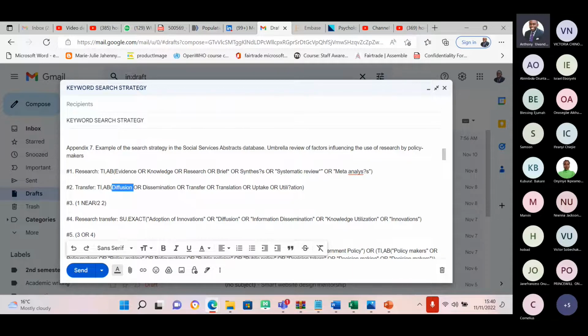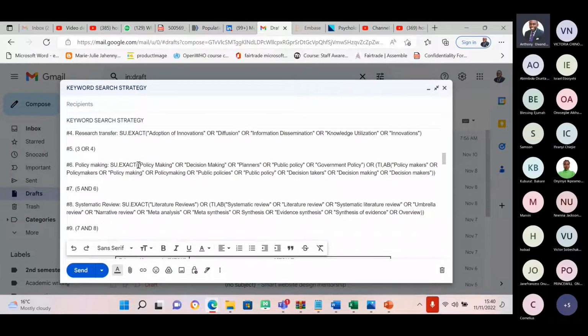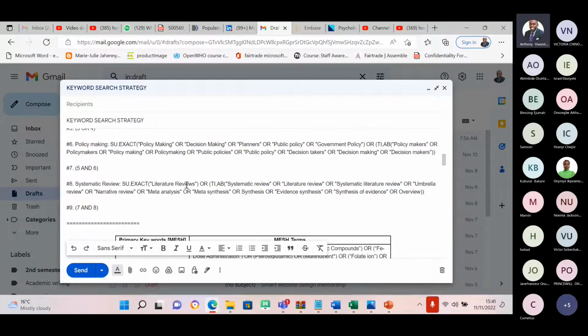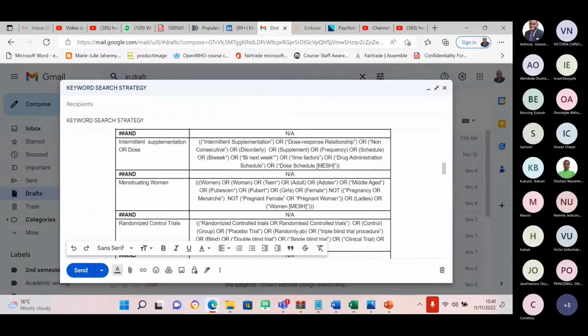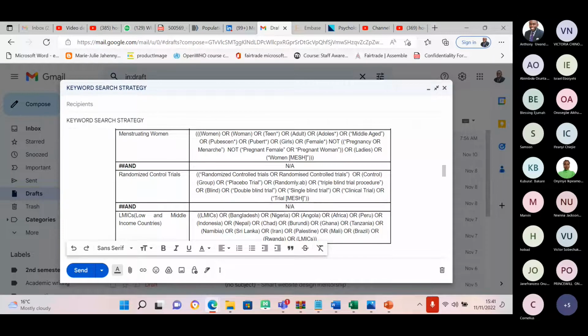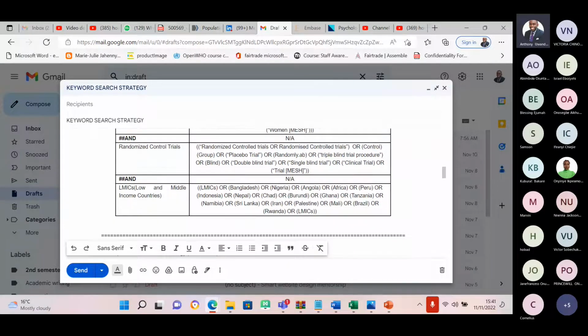So by reading systematic reviews, you see, I've seen some keywords they use for policy making, then keywords that were used for systematic reviews. So you can be compiling those things on your own. If you're looking at keywords for those that are doing low or middle income countries, okay, these are keywords for you.